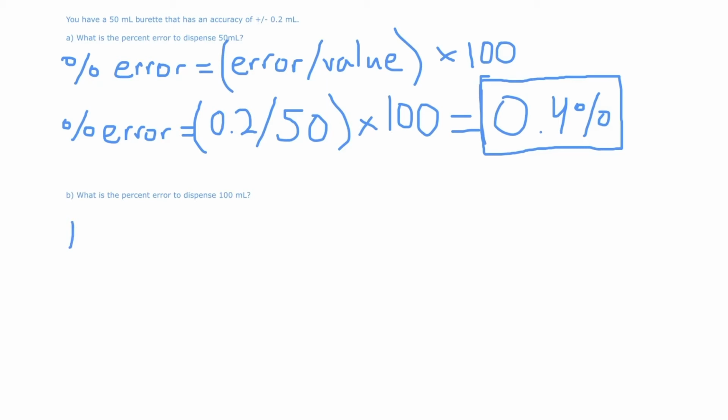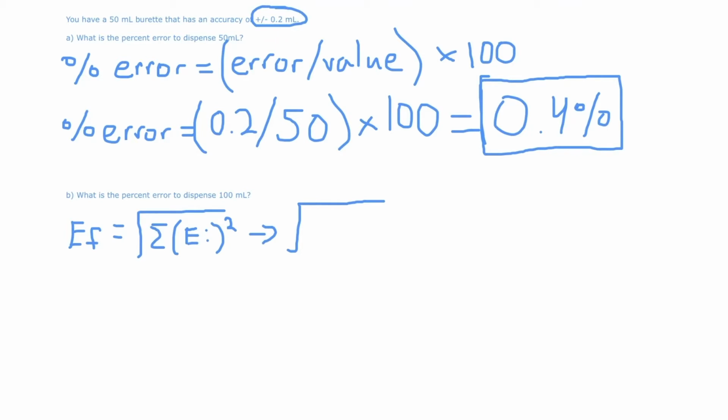So that states that our final error is equal to the square root of the sum of all the initial errors, and that term is squared. Okay, and we know that we take 2 measurements, and each measurement has an uncertainty, or an error, of 0.2 milliliters, as we saw in the beginning of the problem.